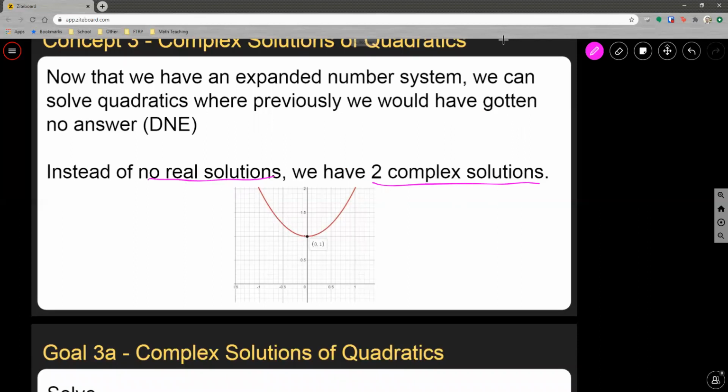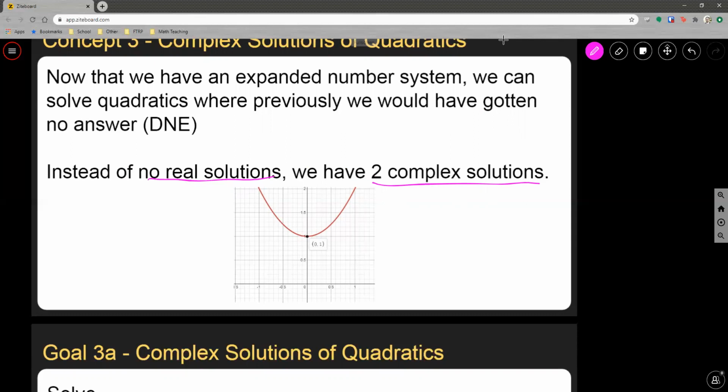So if there's x squared, there should be two x's, either two real solutions, one real solution that is actually what we call a double root. Technically, both factors or both x-intercepts are at the same location. That's when we have one real solution.